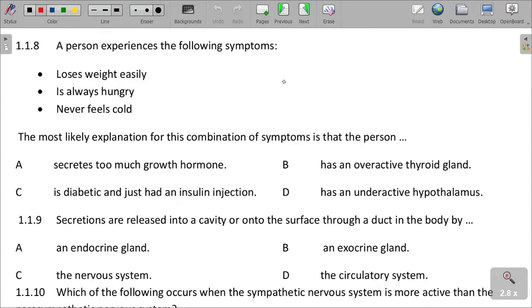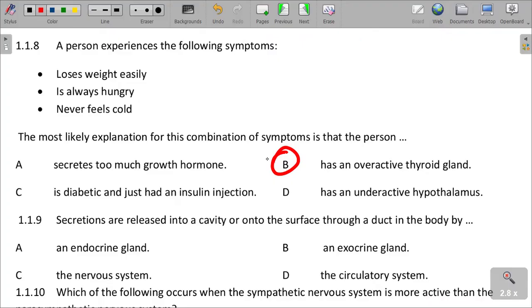This is caused by excessive thyroxine hormone, so he has an overactive thyroid gland. An overactive thyroid gland will cause high metabolism.